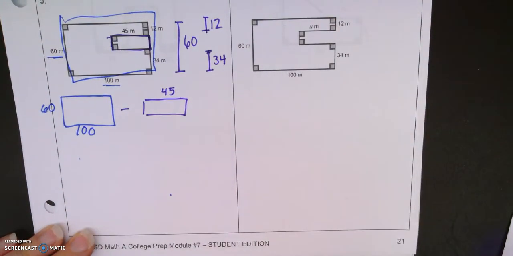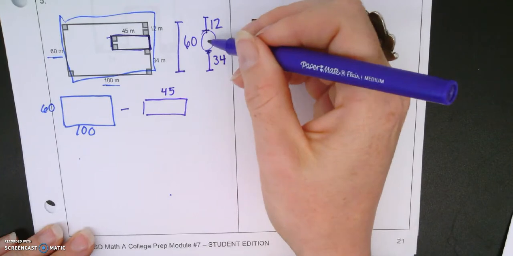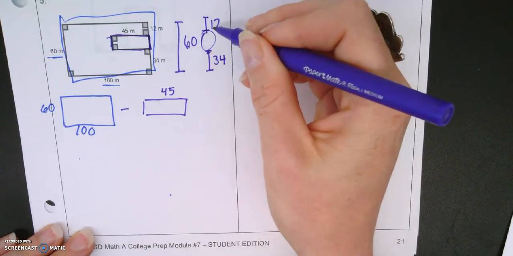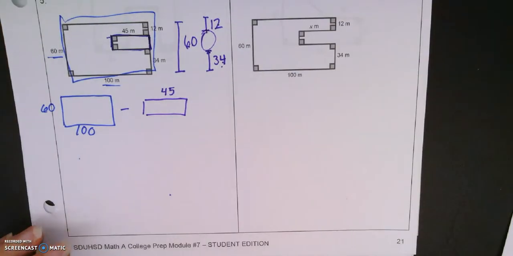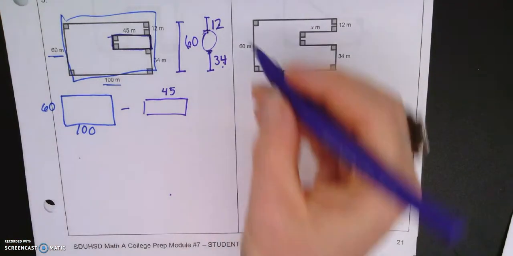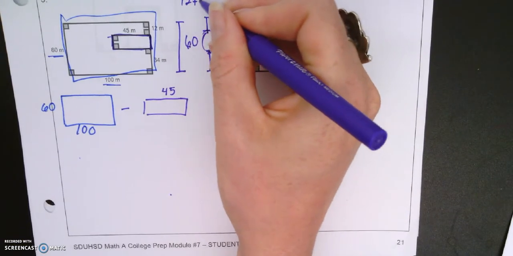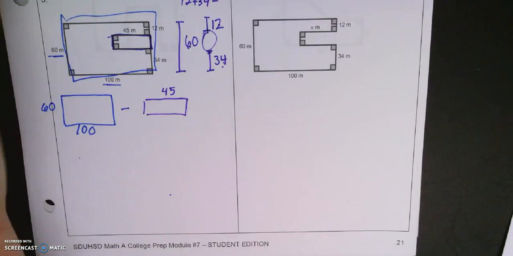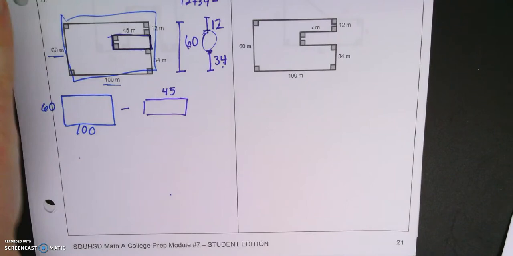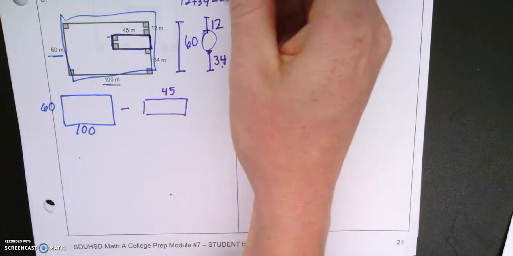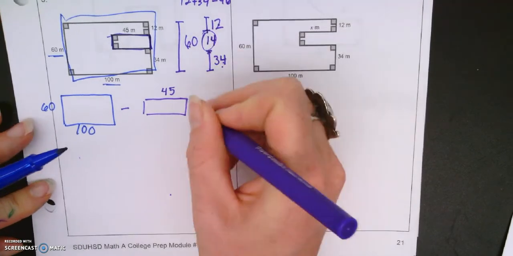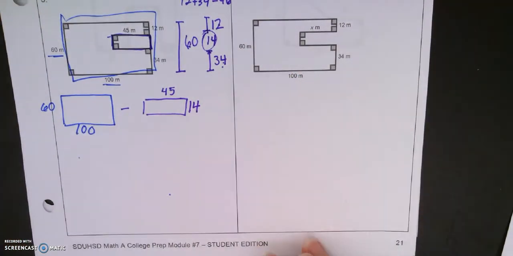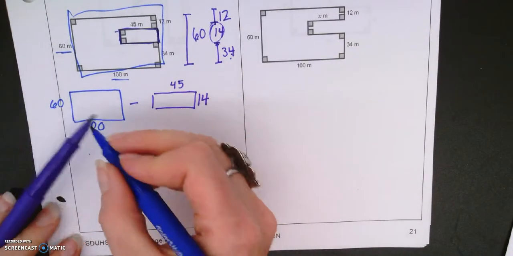Oh, I have an idea. This remaining amount is 60 minus 12 and minus 34, or 12 plus 34 taken away from 60. So let's think about that. 12 and 34 get me how many? Get me 46. And 46 less than 60, well, that's 14. So this has a base of 14, or a width of 14. So we have 60 times 100, base times height.